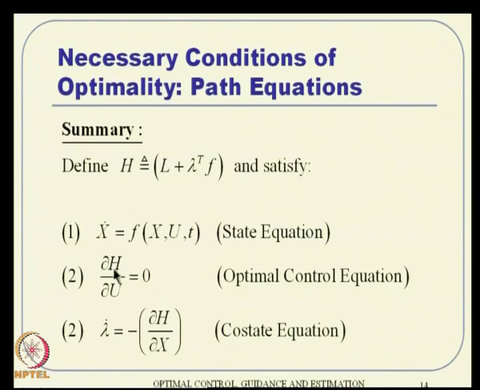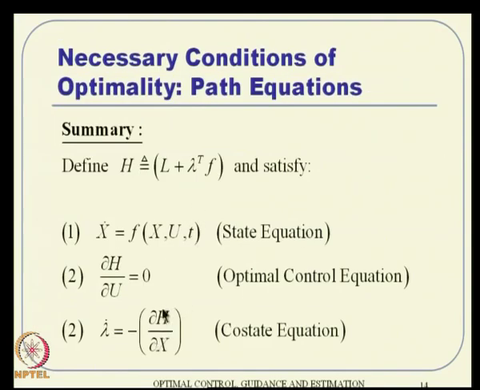So, if you solve this equation for u, then you get the optimal control, but remember u will be a function of x and lambda both, and for that you need these two equations together basically. So, one part of the equation is called the state equation, the other part is called the co-state equation.